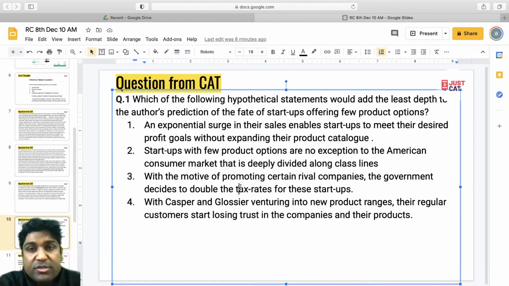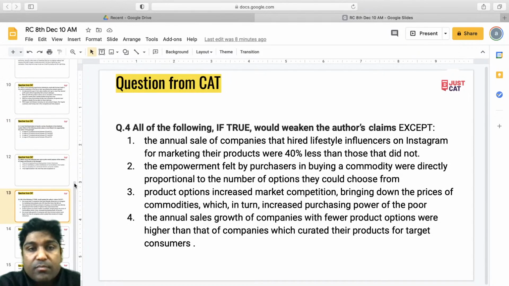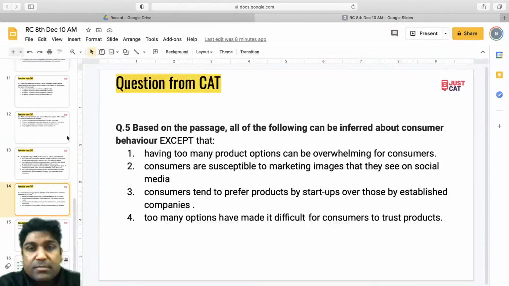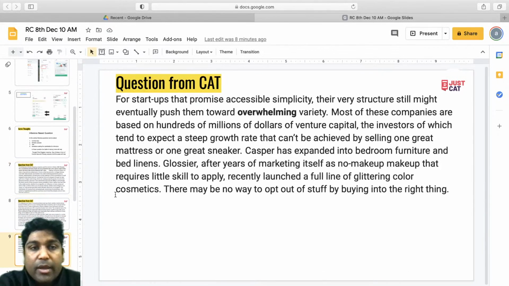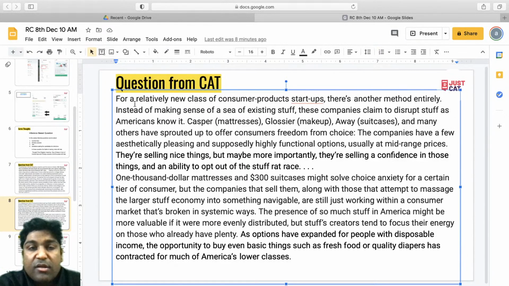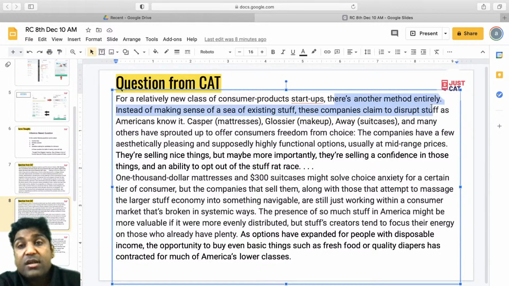Can we try and solve some questions here? If you can see any questions that make sense. Okay, let's read this part. For a relatively new class of consumer product startup, there is another method entirely.